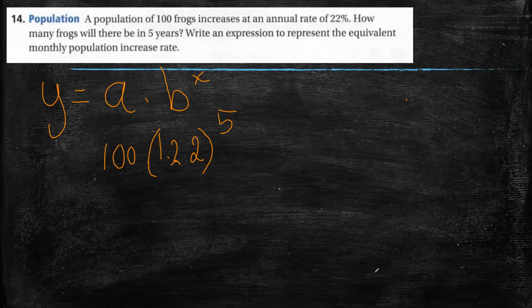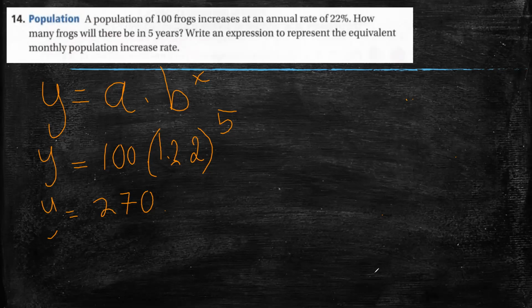The number of years is 5, b is 1.22 as we said, and the initial amount is 100. So y will be 100 times 1.22 to the power of 5. Should we use a calculator? Yes, you can in the exam. So y now is 270. This is the number of frogs after 5 years.